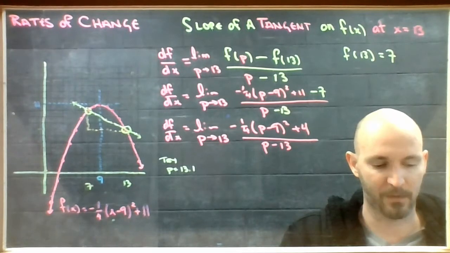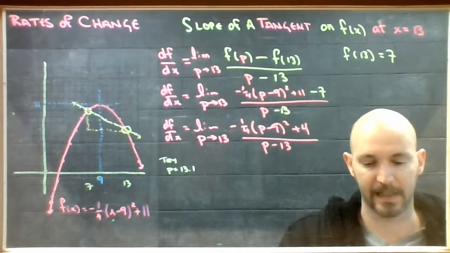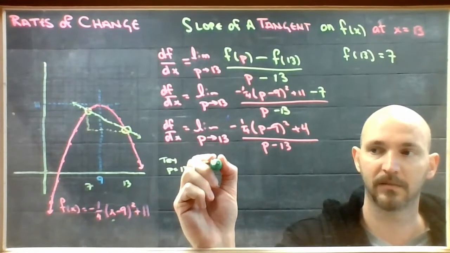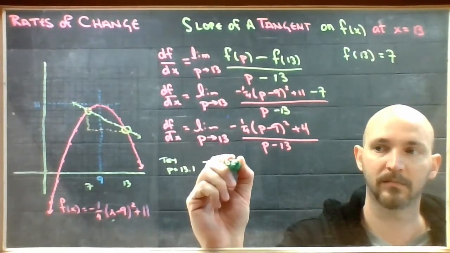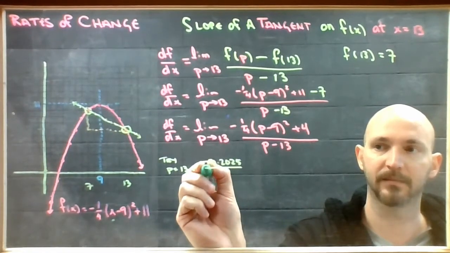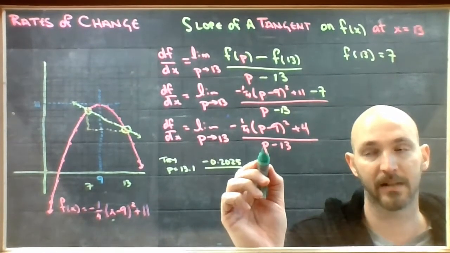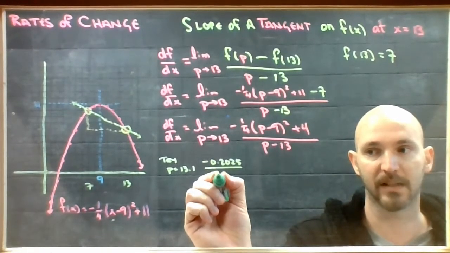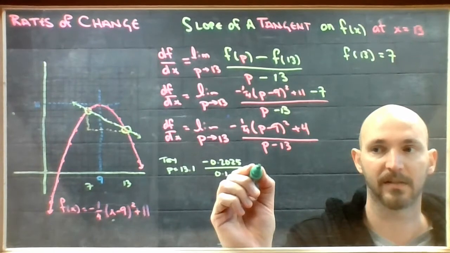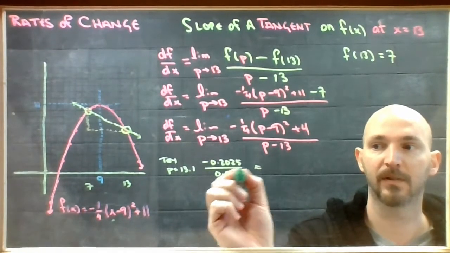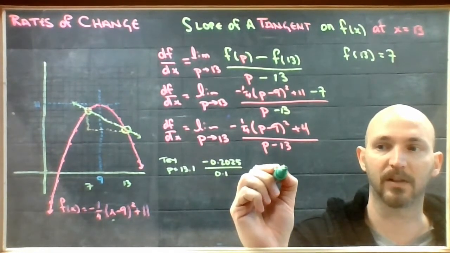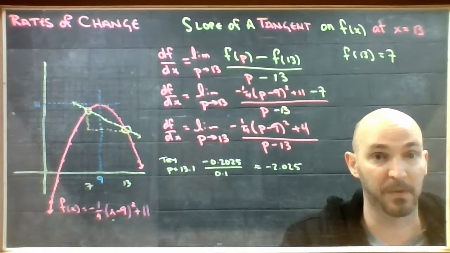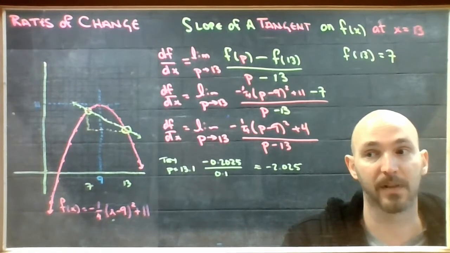And if I add 4, I get negative 0.2025, divided by, down here, I have 13.1 minus 13, which is 0.1. So this is worth negative 2.025. So that's okay. So I'm going to try another one, getting a little closer.